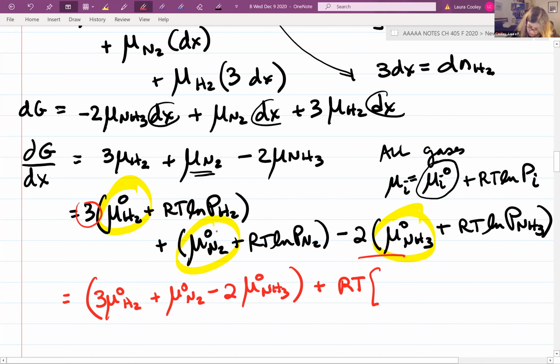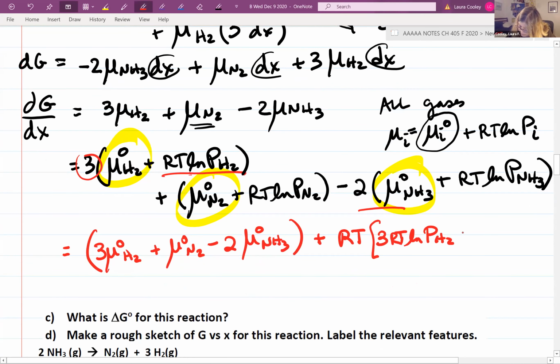Okay, plus everything else, RT. So we'll have 3 RT log of the pressure of H2, plus the log of the pressure of N2, minus 2 times the log of the pressure of NH3.